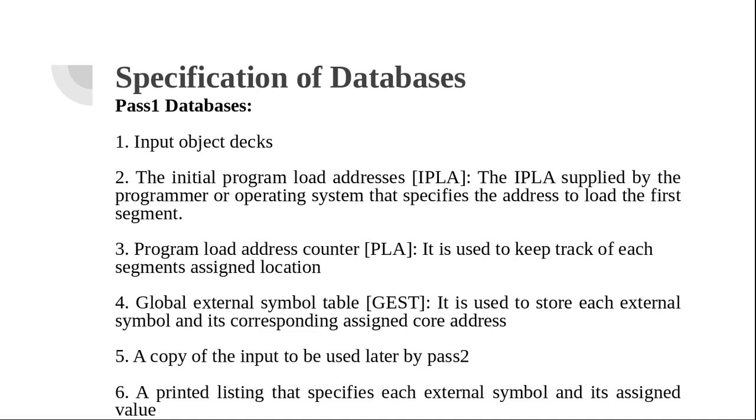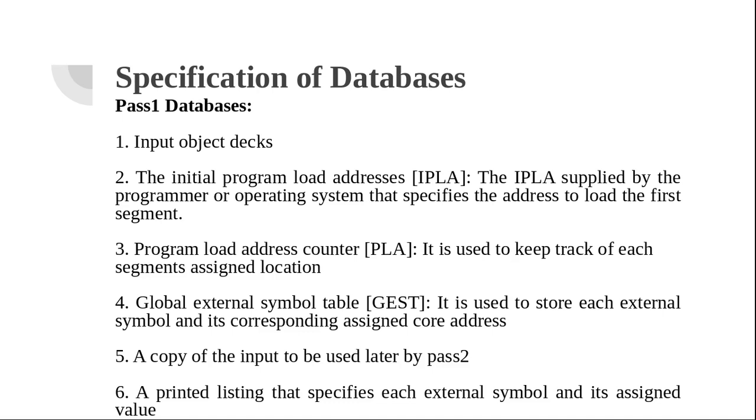So to achieve this, whenever we are loading a new segment, it will be loaded into the next available memory immediately after the preceding segment. What that means is, whenever we are loading each segment into memory, it will be loaded into the next available memory immediately after the preceding segment.